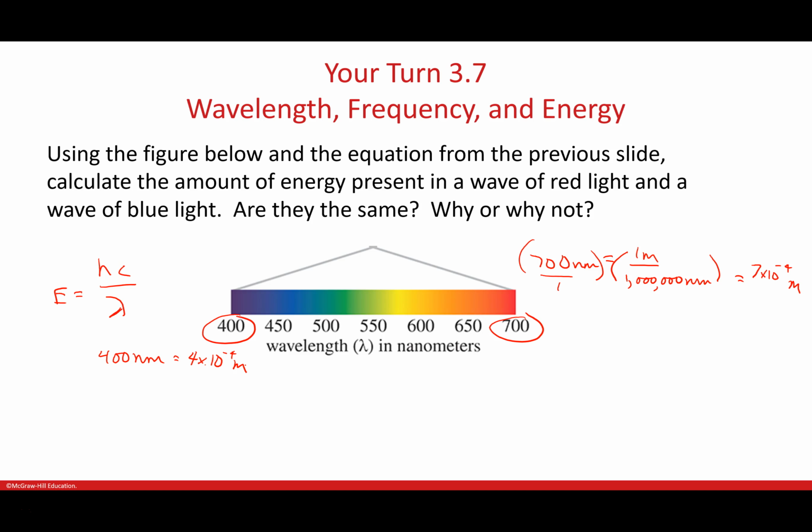So let's do the violet first, and let's plug in. E is equal to, I'm going to go on the previous slide and grab Planck's constant, 6.626. So my value for H is 6.626 times 10 to the negative 34ths, and that's joules times seconds.